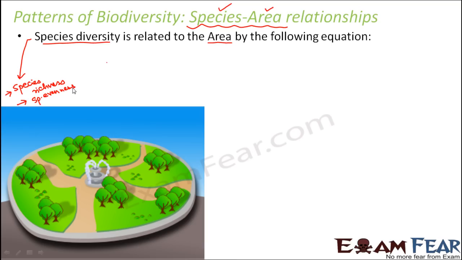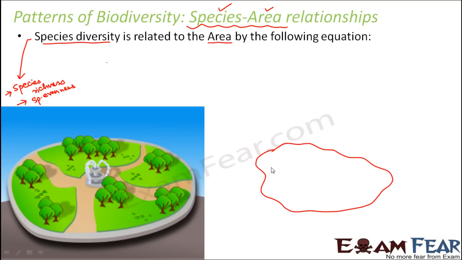Now, what has been observed so far is that in a particular region, in a particular area, the species richness increases with the increase in explored area. What do I mean by explored area? Let us suppose I talk about a particular region. When I say a region, there is no particular limit, so I decide my limit to define a region. Let us say this is my region.